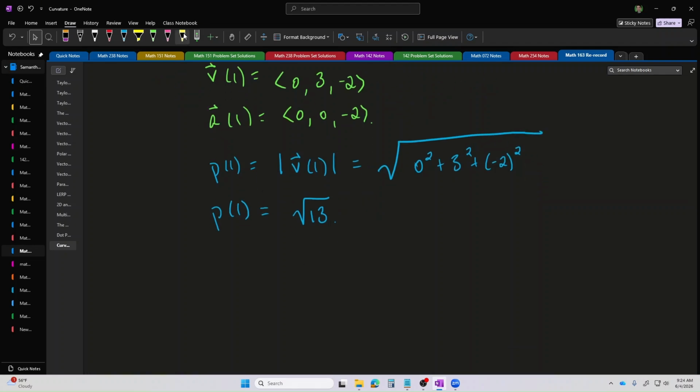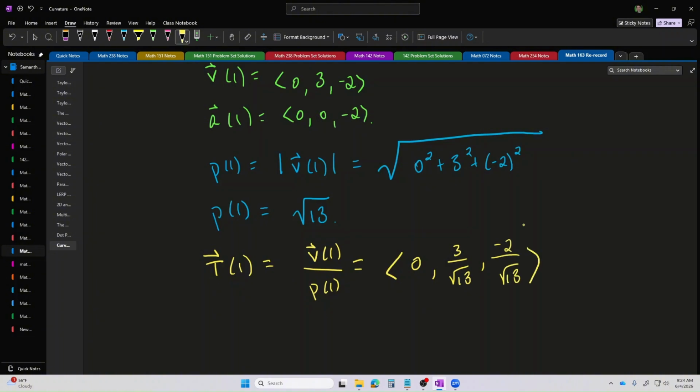From this, I can calculate my unit tangent vector, because the unit tangent vector at time 1 can be found by taking the velocity vector at time 1 and dividing out the speed at time 1, r prime divided by the magnitude of r prime. So that would be the unit vector 0, 3 over square root 13, negative 2 over square root 13.